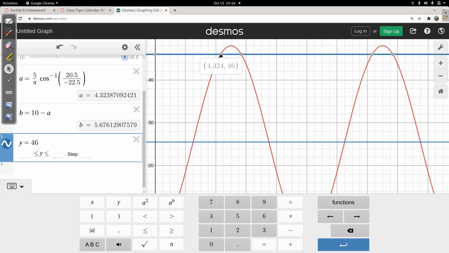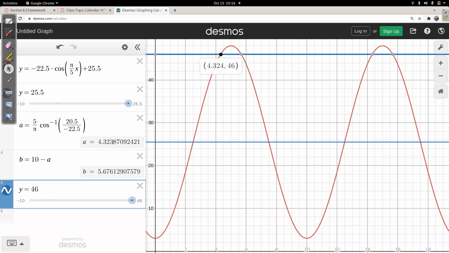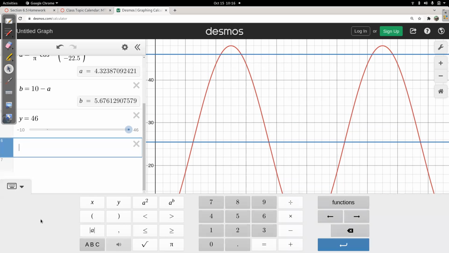This point right here should be that 4.324, nice. And this point right here should be the 5.676. I want to know how far apart they are. Since I called them A and B, I can just do B minus A. And so I get that we'll be above 46 meters for about 1.35 minutes.